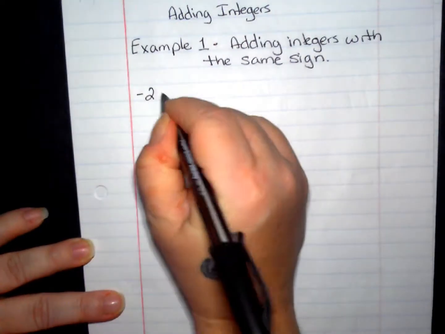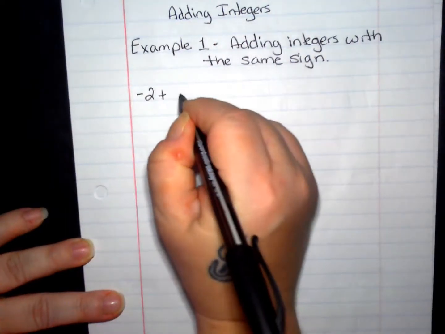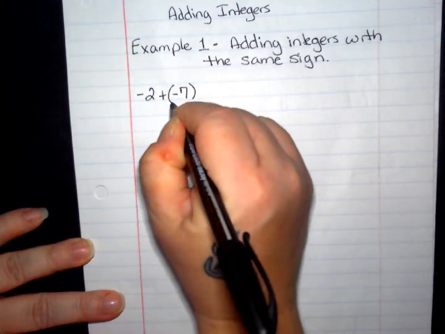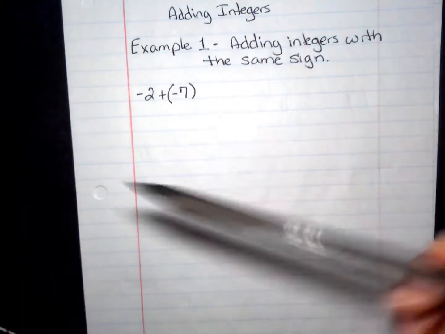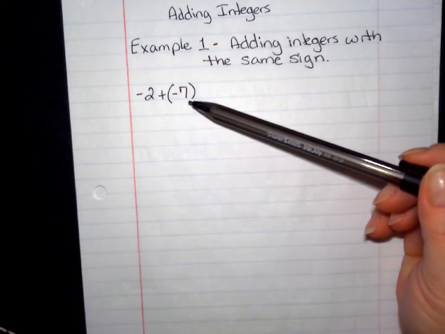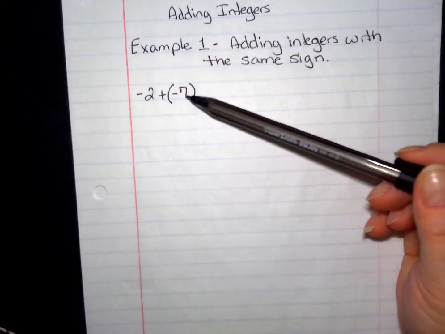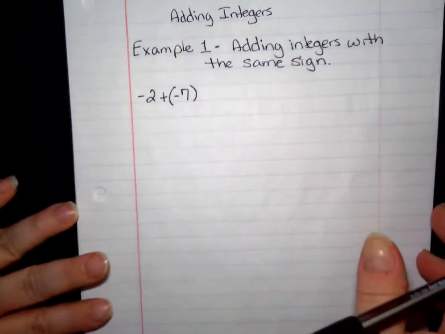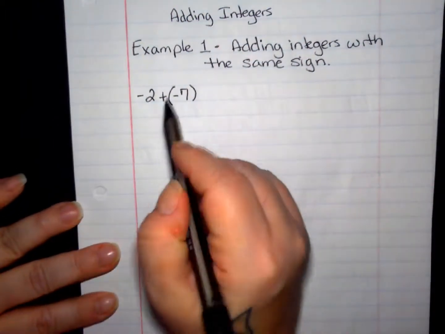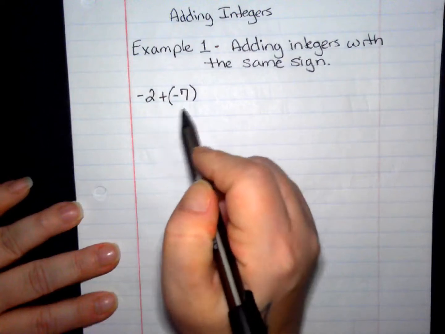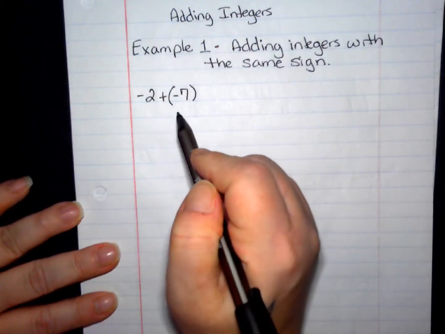-2 plus -7. Okay, and notice that because I'm adding a -7, I had to put it in parentheses. If you might possibly see it somewhere else where it might look like plus negative without the parenthesis, but either way, you're adding a negative, okay?